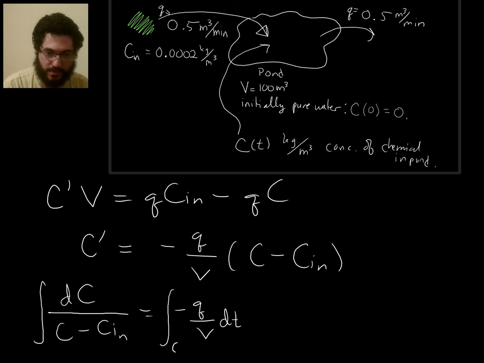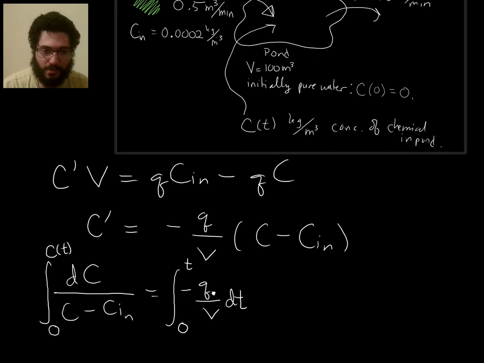So as time runs from 0 to some time t, concentration, capital C, runs from value 0 to whatever is C of t. I should not confuse the variable of integration with this thing, but I'd rather be a little bit sloppy here and leave this as little t, and hopefully you're aware that these are different things.